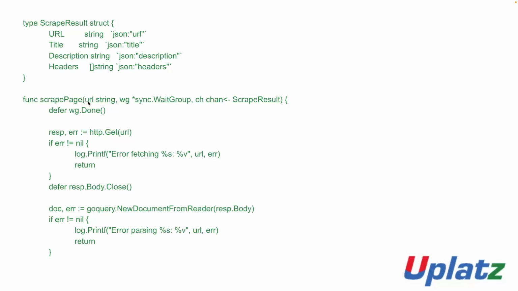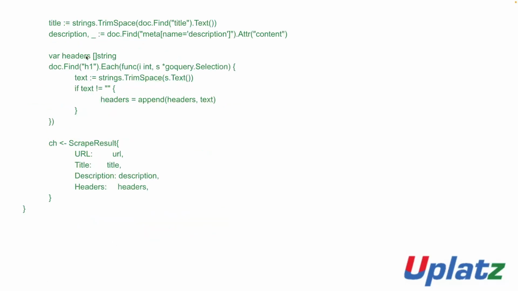Now same thing, scrapePage, URL string, wg pointer to sync.WaitGroup, channel, and this is the ScrapeResult. Okay, wg.Done, defer wg.Done, resp, error. We have seen this. Then same here, goquery NewDocument, same title string, same description.